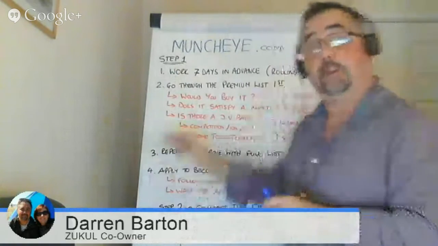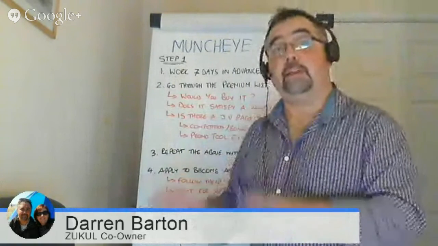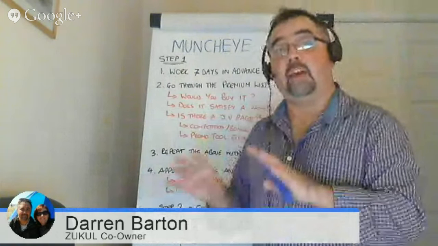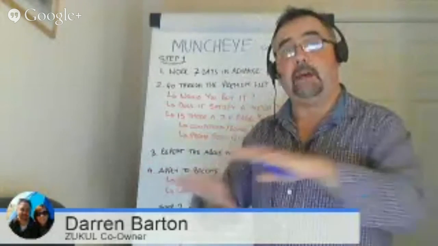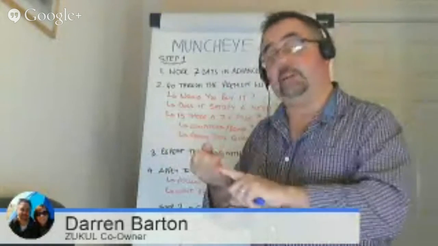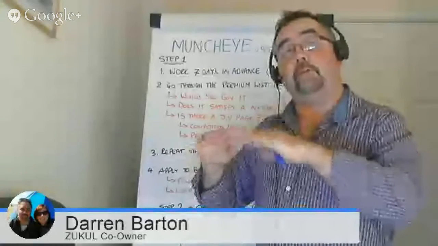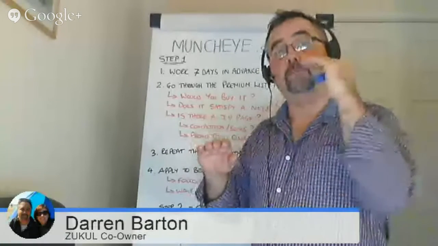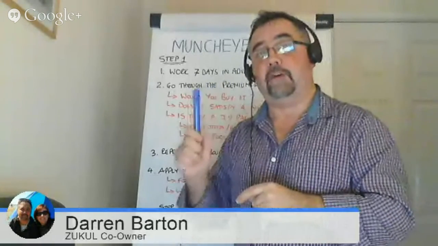At the moment, the below average are not even bothering. They're probably not even watching this hangout. The average people, and I do apologise if I'm offending anybody, are watching this hangout. They're doing the bare minimum, if you like. They're watching the hangouts and following the process. If you want to become above average, if you want to become good, then this is the next stage. So, fair warning.